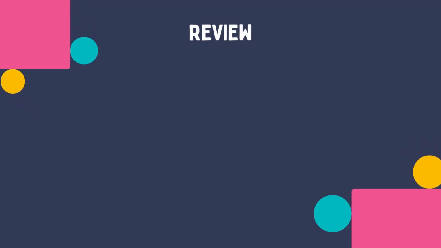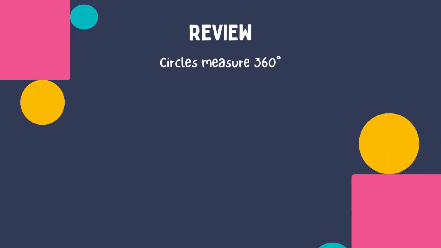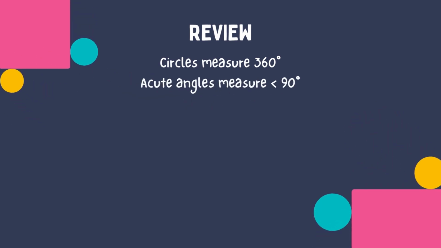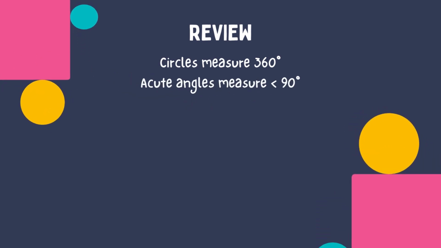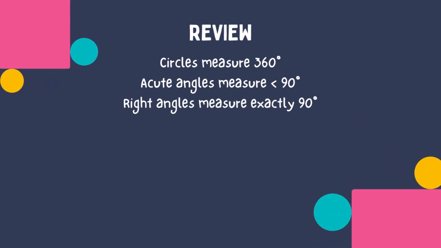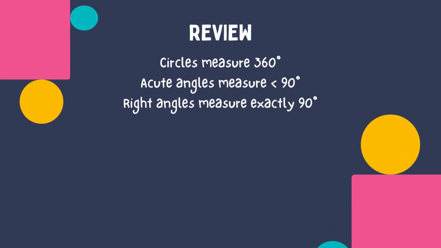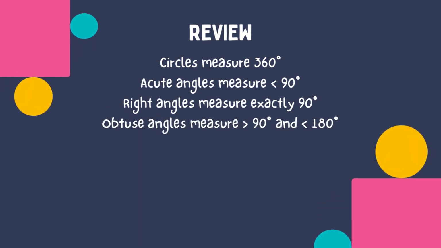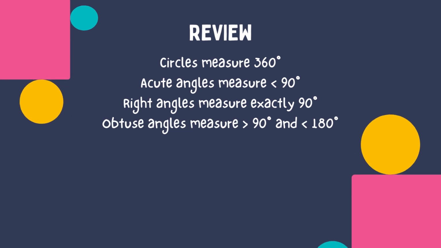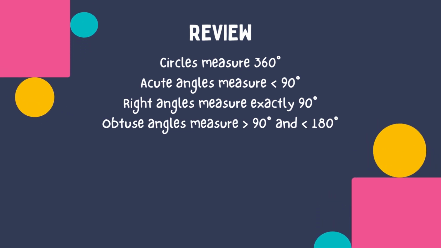Let's review what we just learned. A circle measures 360 degrees. Angles measuring less than 90 degrees are called acute angles. Angles measuring exactly 90 degrees are called right angles. Angles measuring greater than 90 degrees and less than 180 degrees are called obtuse angles.